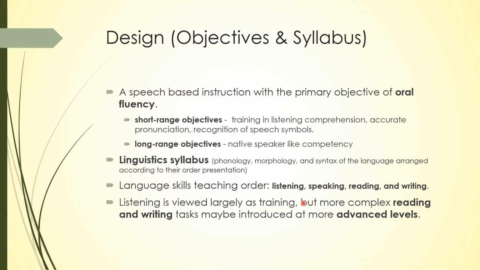So as the teaching order says, from listening to writing, and reading and writing are the later parts. So this particular methodology is based on listening. So first, completing listening, there will be lots of training on listening, then it will be followed by complex reading and writing tasks. That means the learner will have different reading tasks and writing activities in a complex manner.